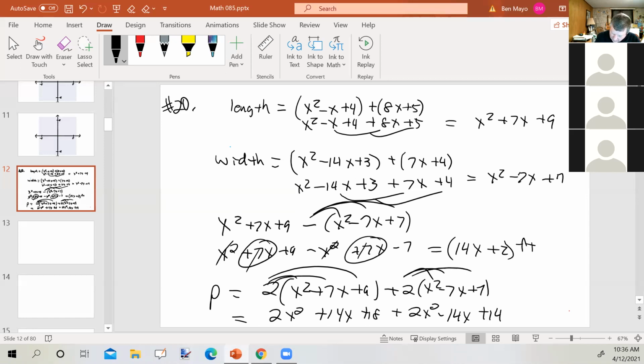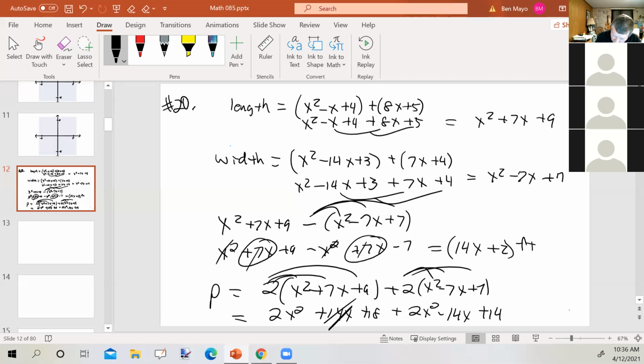Let's see, combining like terms. Now we're going to cross those out. We're going to get 4x squared plus 32. And that's going to be feet as well. All righty. Any other questions, anybody from homework over the weekend?